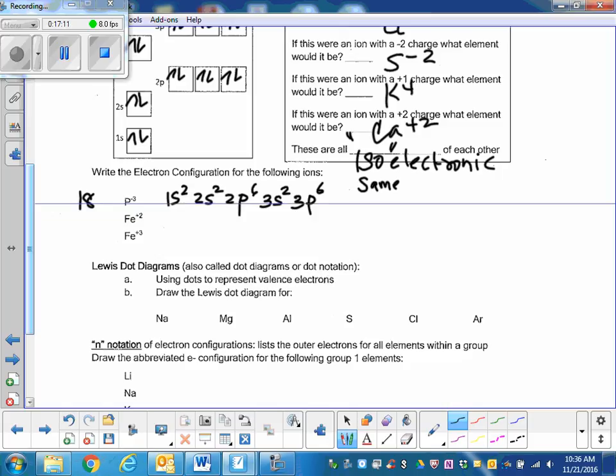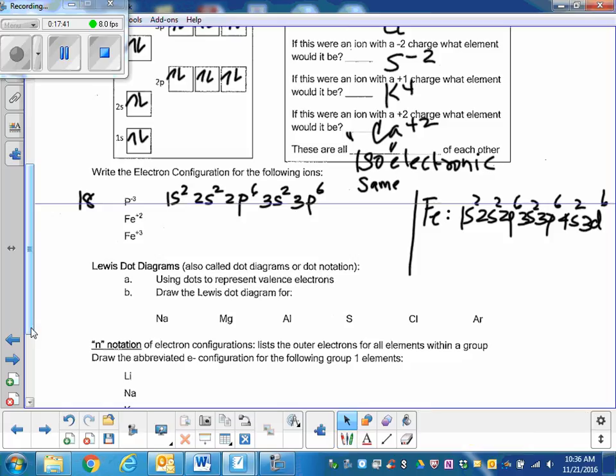Do you want me to write iron first and then iron plus 2? Let's just do iron here on the side. Iron is 1s2, 2s2, 2p6, 3s2, 3p6. For a neutral one, you would do 4s2, 3d6. Is that right?